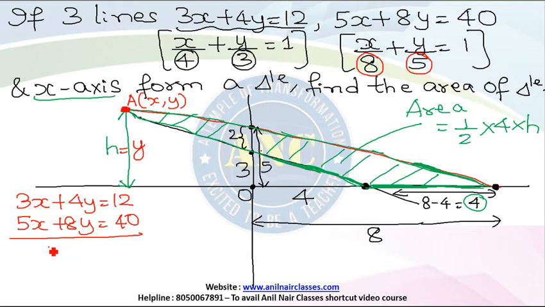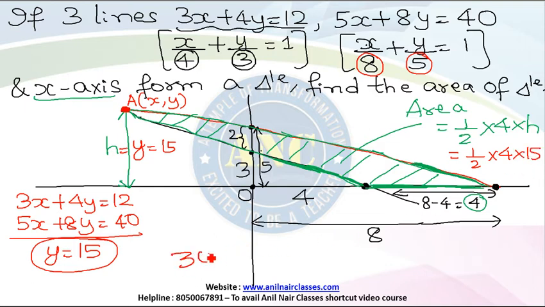When you solve them, you will get some value for x and you will get y value 15. I am not even interested in the value of x. I only require y value. So y value is 15. Height value is known right now. Half into 4 into 15. What is 60 by 2? Answer for this question is 30 square units.